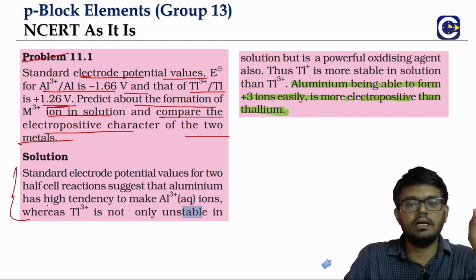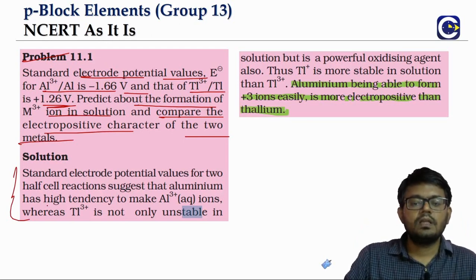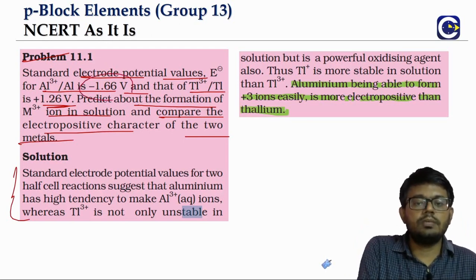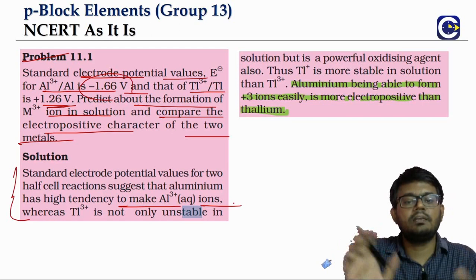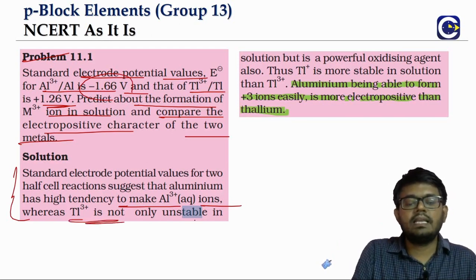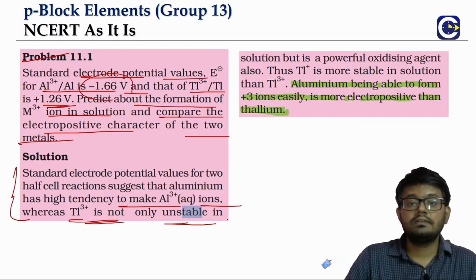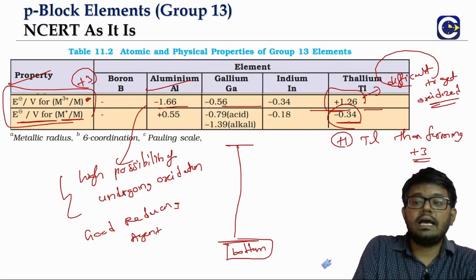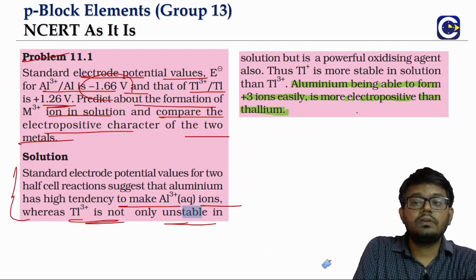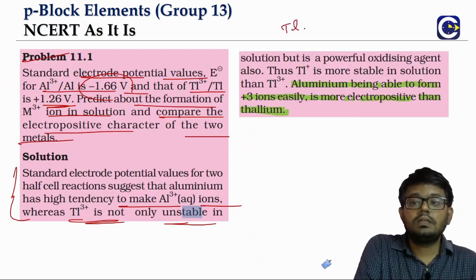By looking at the electrode potential, aluminum, because it is more negative, has more tendency to form Al3 plus ions in solution. But thallium 3 plus is unstable, you can't easily form it. In fact, because the thallium plus 1 potential is negative, we can form thallium plus 1 easily.